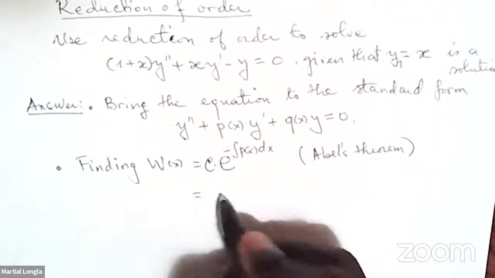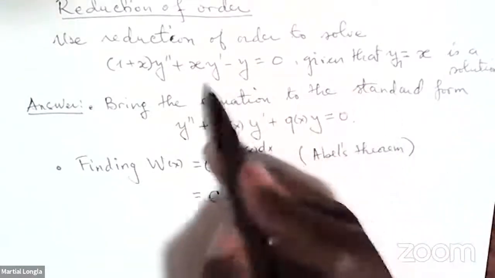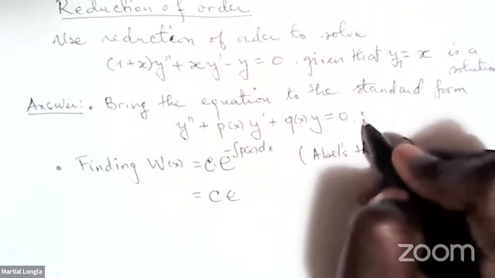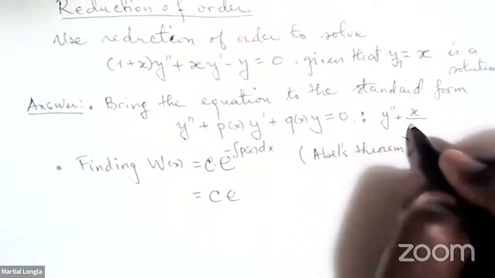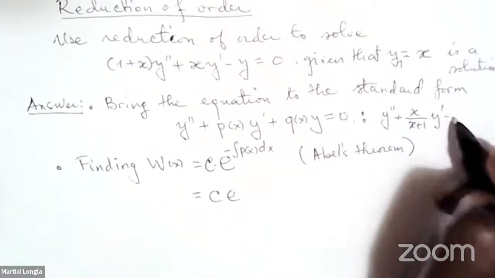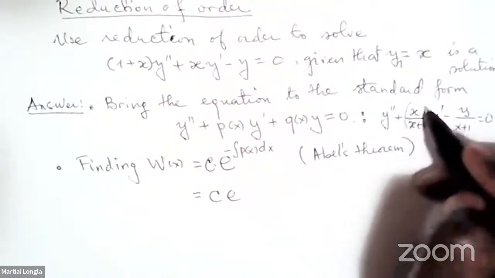So that is c e to the, in our example, when we bring it to the standard form, we get y double prime plus x over x plus 1 times y prime minus y over x plus 1 equals 0. So p of x is this.